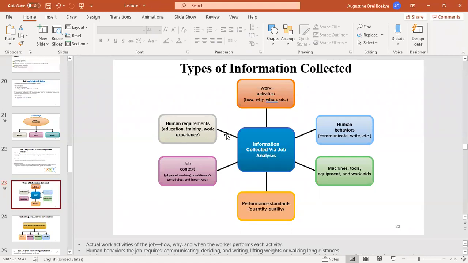Again, another information that the job analysts pay keen attention to when they are gathering job analysis data is the sort of machines or tools that are used to perform the task. So as a lecturer, what are the various tools that we need to be successful on our job in this current day that we are experiencing COVID-19?